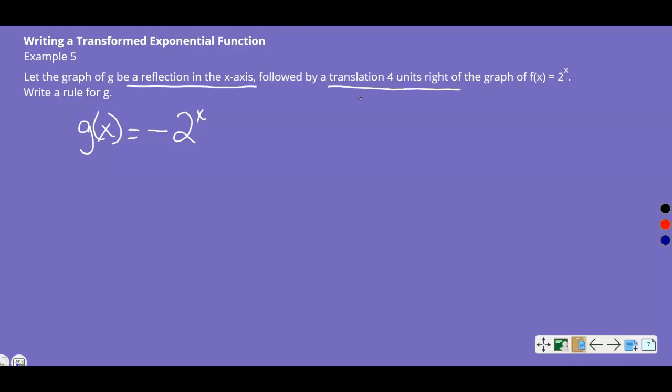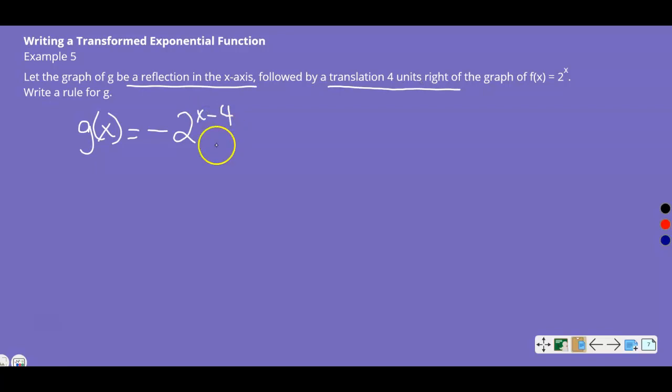And when we're dealing with exponentials, the horizontal movement is always attached to the exponent. So we're going to have x, and then we're going to have minus 4. So x minus 4. And a good way to check this would be to graph it and see what that looks like.